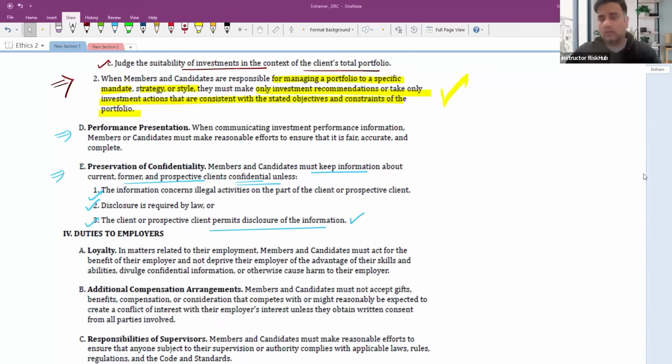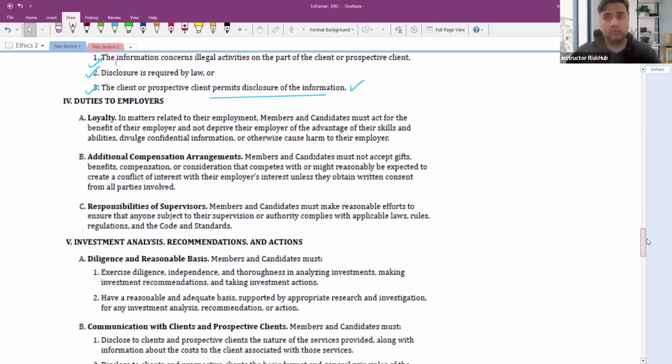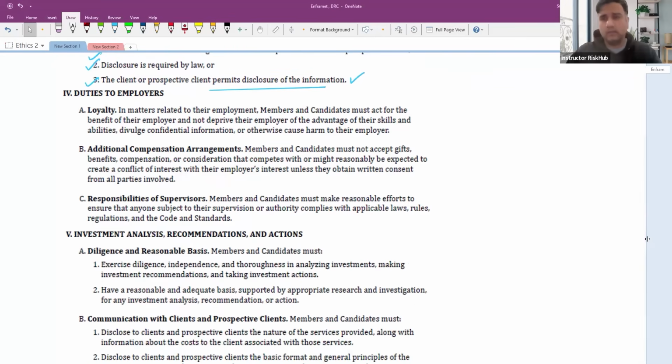All right, so now we are going into the next one, which is duties to employers. In your duties to employers, please note, an important point to understand is loyalty.